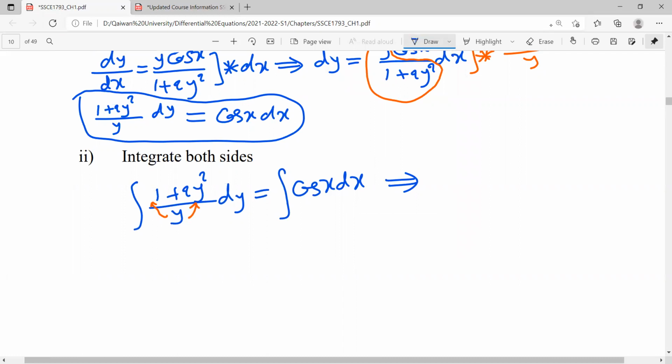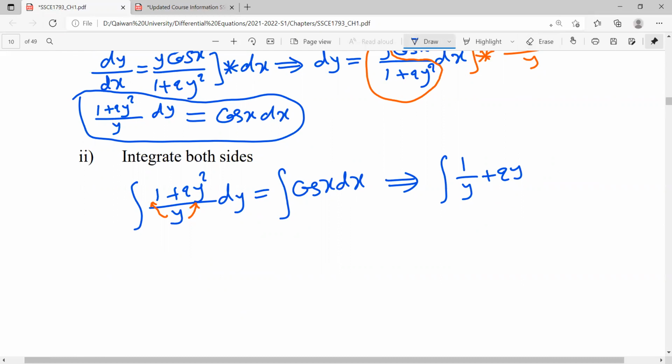We get the integration of 1 over y plus 2y squared over y. Here, the denominator is for both 1 and 2y squared.